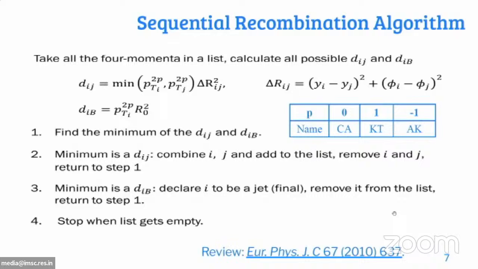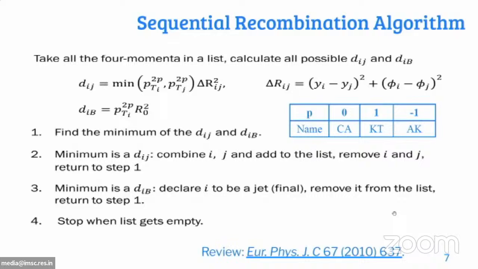We have to define basically two distance parameters, and based on those distance parameters, we optimize and iterate over the list. Popularly, there are three different algorithms that we use: Cambridge-Aachen, kT, and anti-kT.